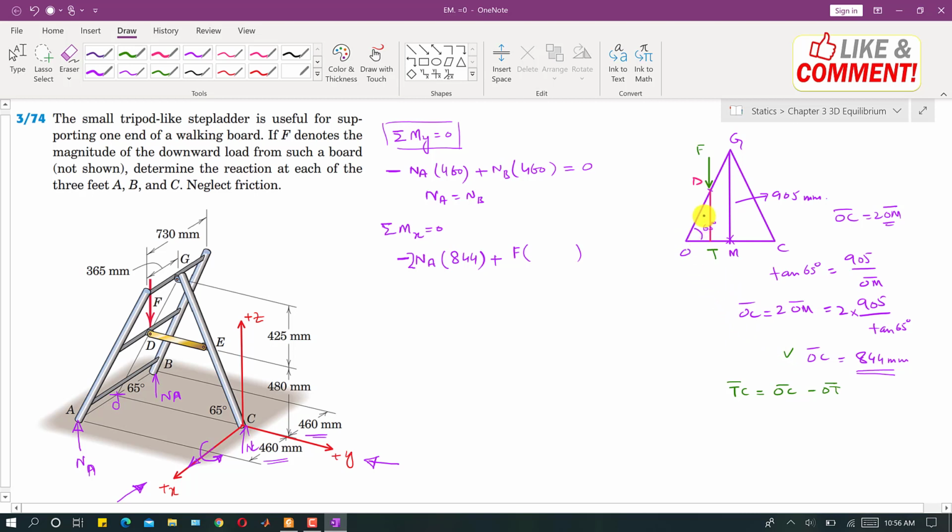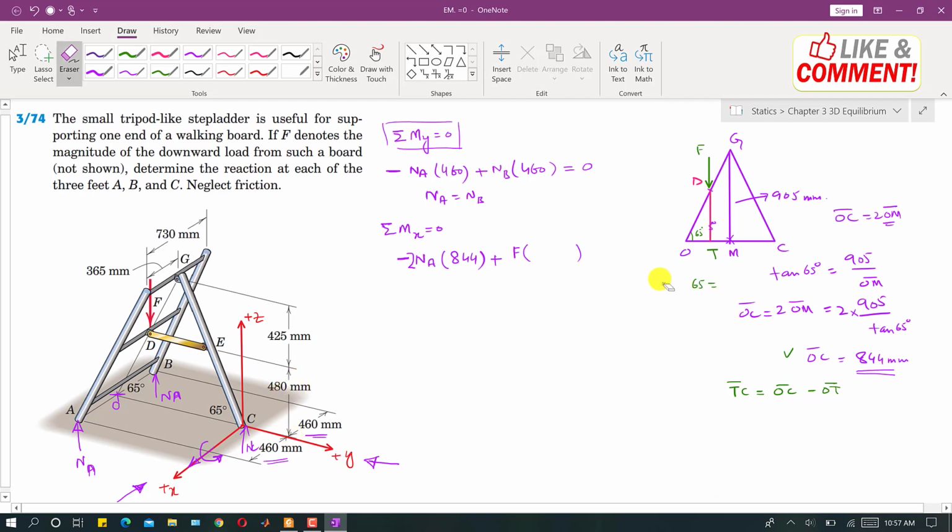Again we can apply tan 65 degrees to this small triangle. This is again that 65 degrees. The perpendicular for this triangle is 480.